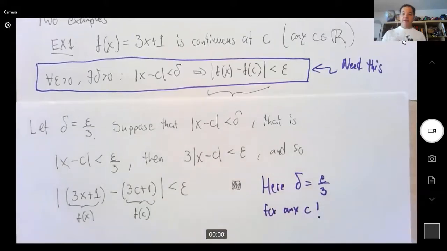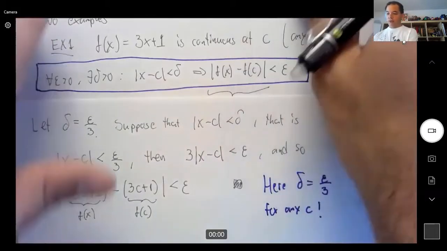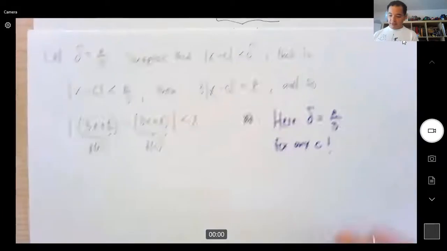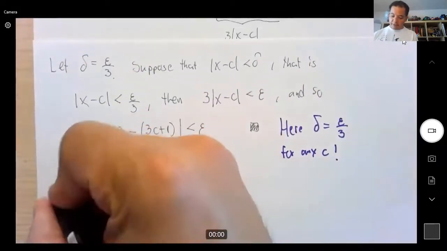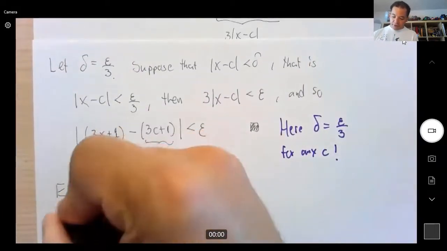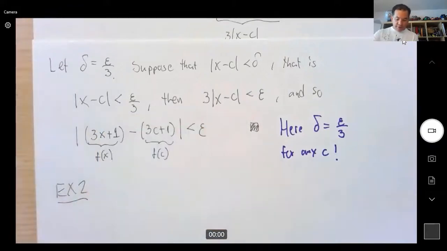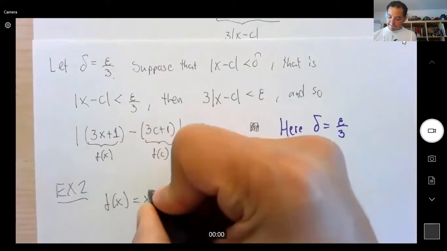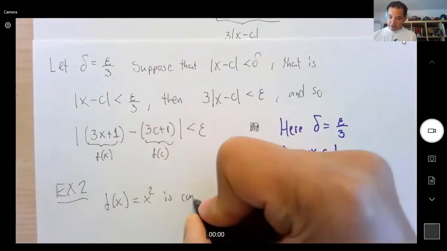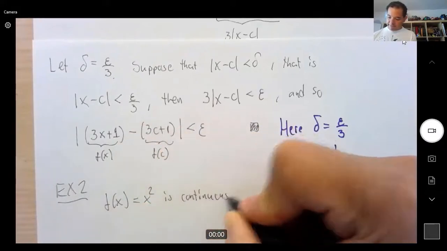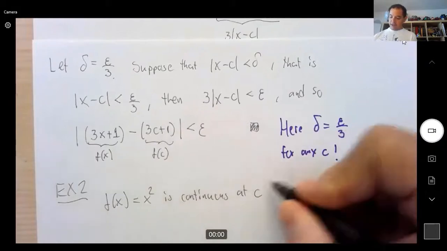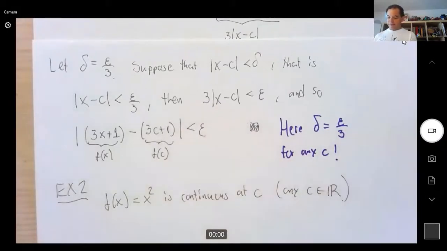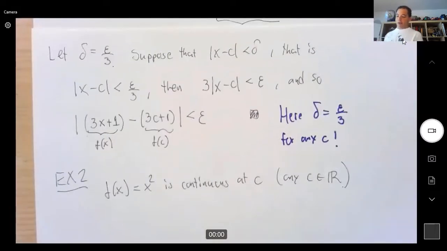Okay, let's look at example 2 to look at what could be different if we have a different type of example. So here's example 2. Now let's try to show that f of x equals x squared is continuous at c. Again, any c. All right, again, I'm going to write what we want to do.